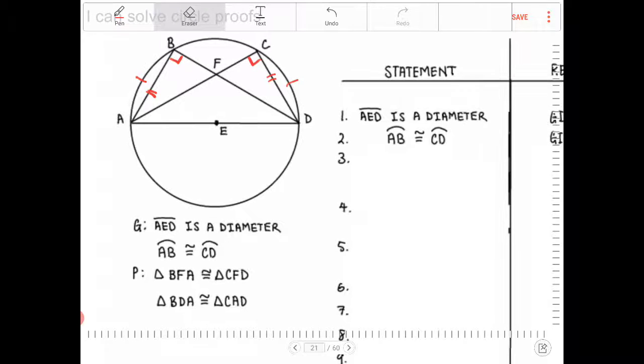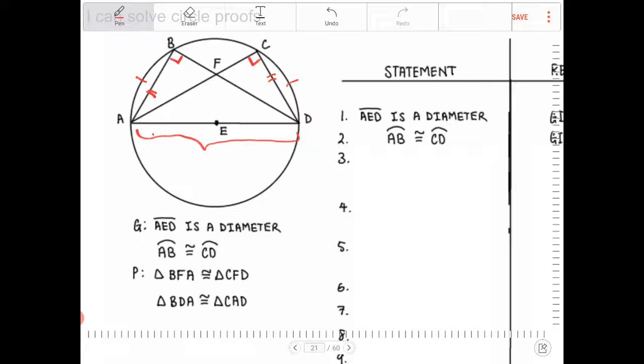So immediately I know triangle BDA must be congruent to triangle CAD because of hypotenuse leg, right? Because this length right here is the hypotenuse. CD and BD, those are the legs. Those are right triangles there. They must be congruent because of hypotenuse leg.